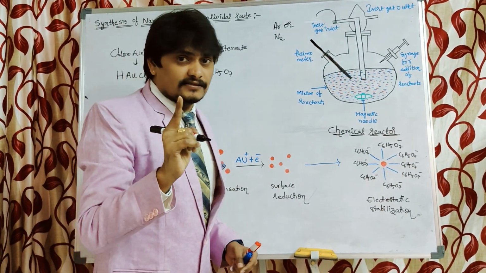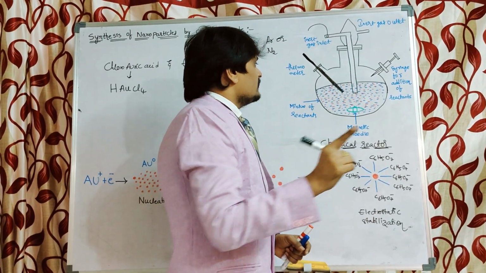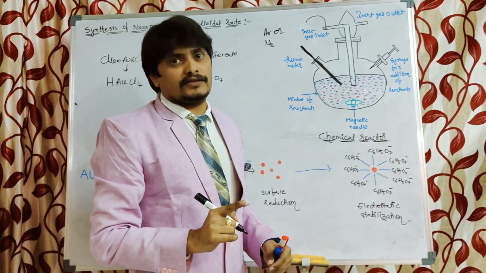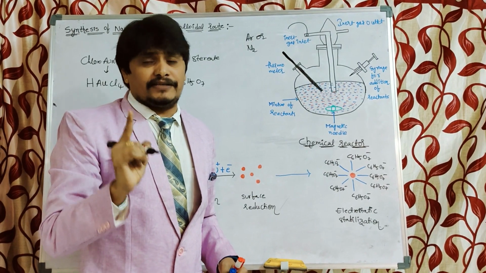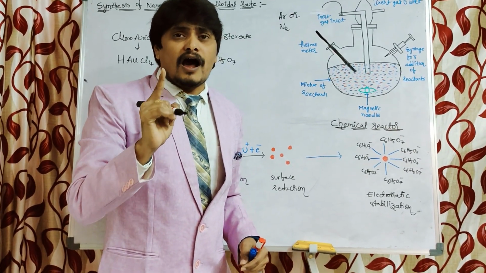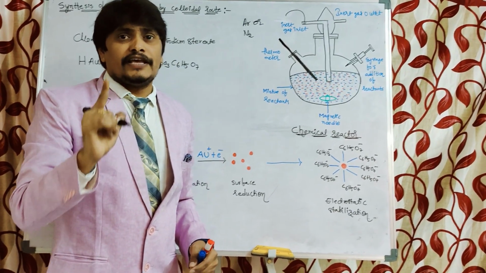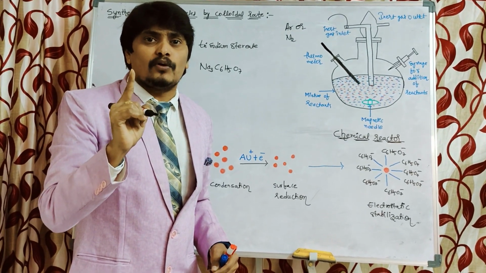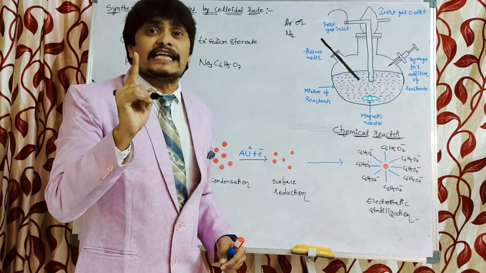The reason is that during the formation of the products, oxidation of the products takes place. So in order to avoid the uncontrollable oxidation of the products, we definitely have to maintain the inert atmosphere.